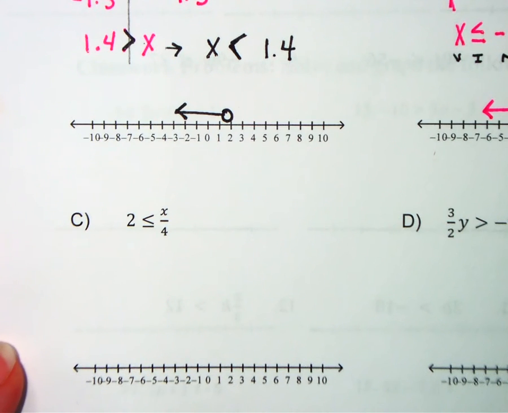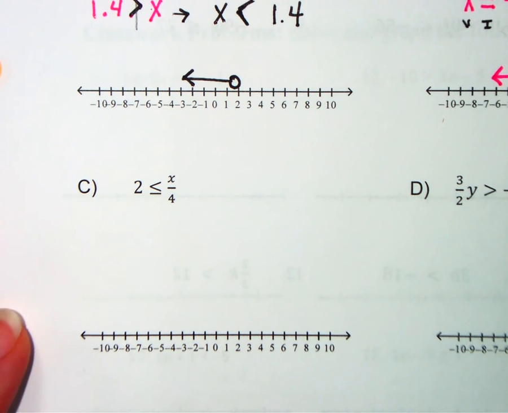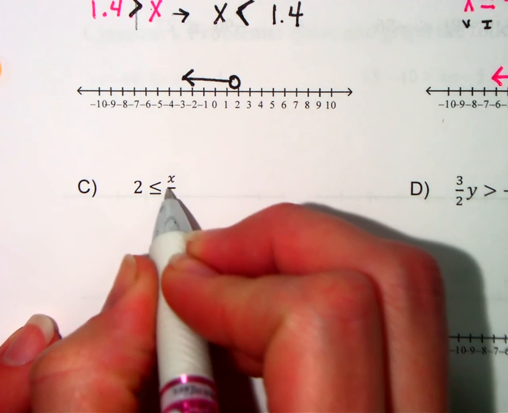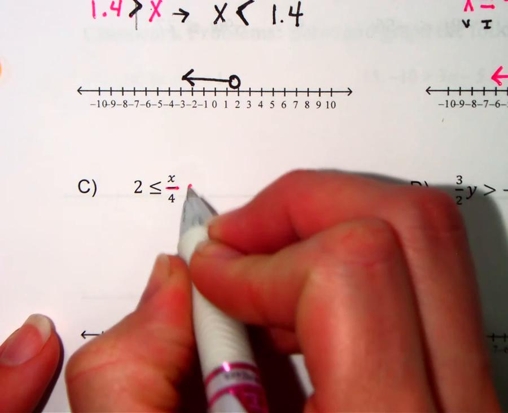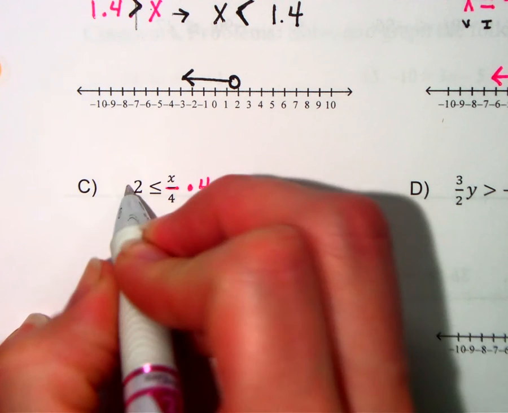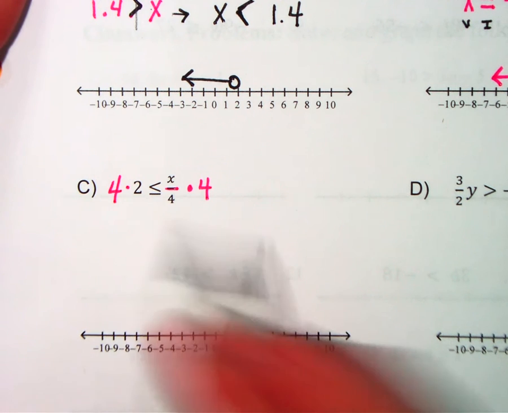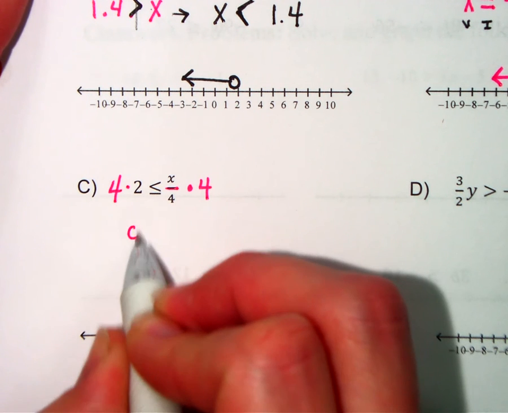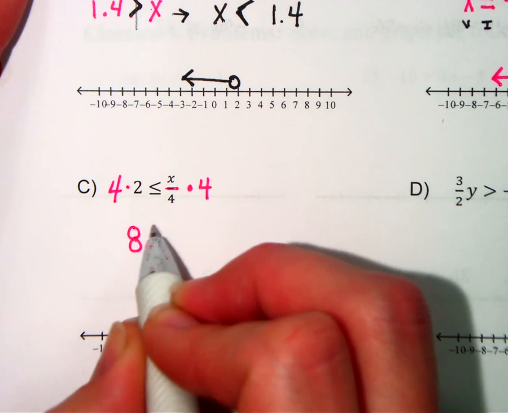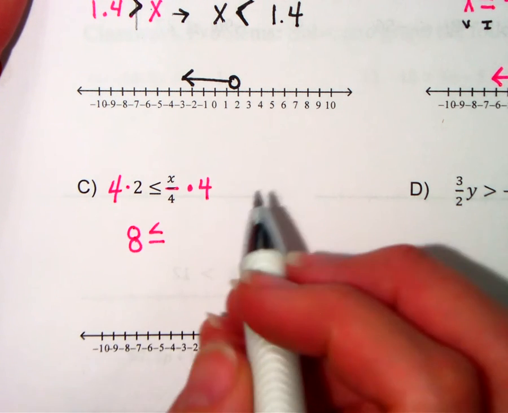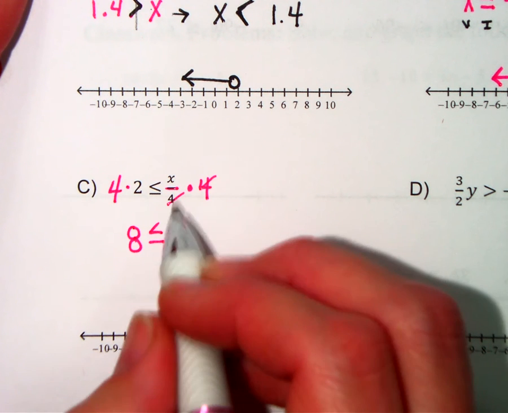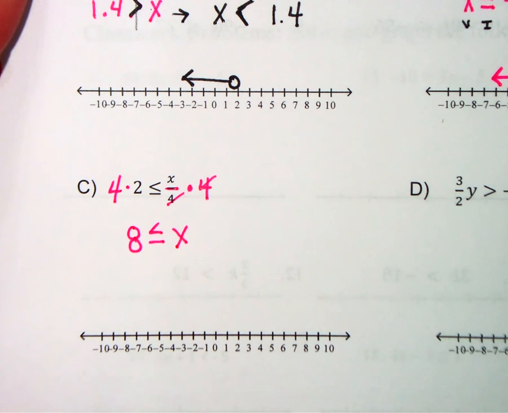Okay, what about this fraction one? To get rid of this divide by 4, I'm going to multiply by 4 on both sides. 2 times 4 is 8. Keep the same symbol. X. This is not in VIN form, so I'm going to go ahead and switch it.